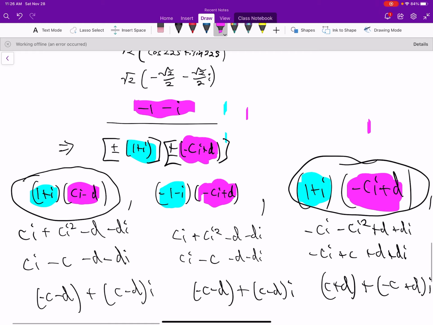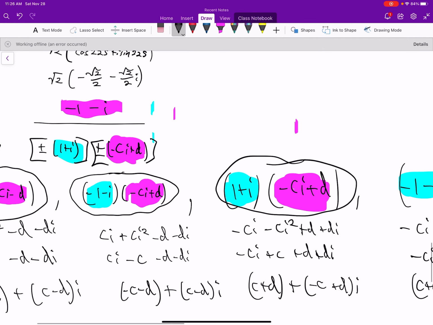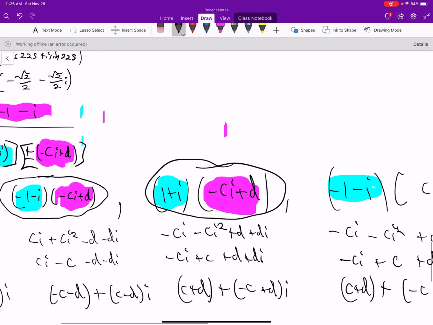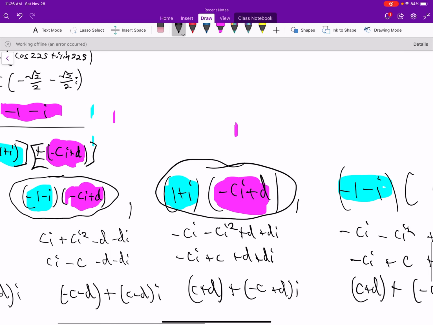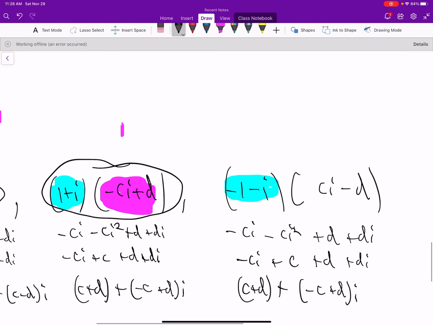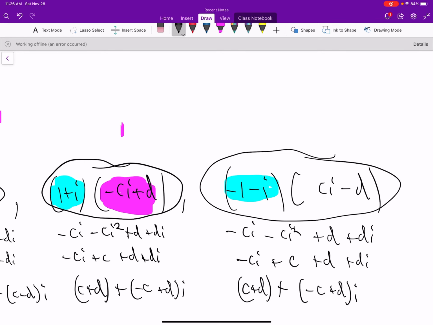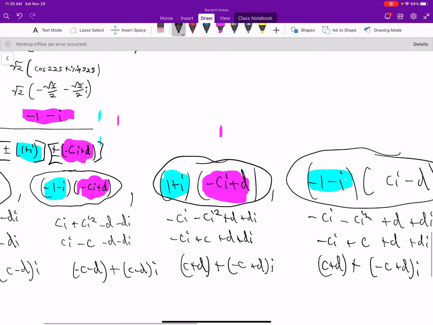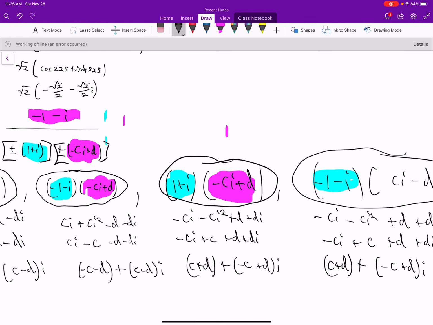And then here we do the negative version of the blue. And then we do the positive negative version of the ci plus d. Ci minus d. Anyway, I think it's right.